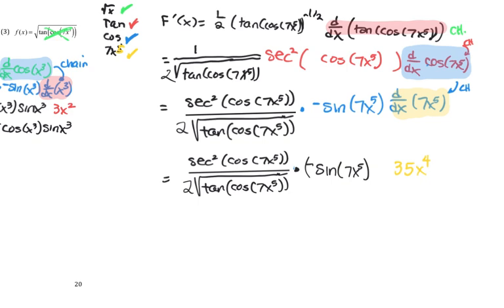Might there be one on a test that's that many layers? Sure, because it's really testing us if we understand the chain rule. Now, when you get really good at it, you might be able to go straight from the original function to here, believe it or not. You differentiate the outer function, and then you're looking at, oh, I'm going to have to differentiate that, which happens to be a secant squared of this, and then the derivative of that is, and so on.